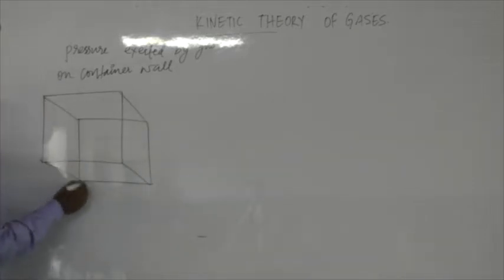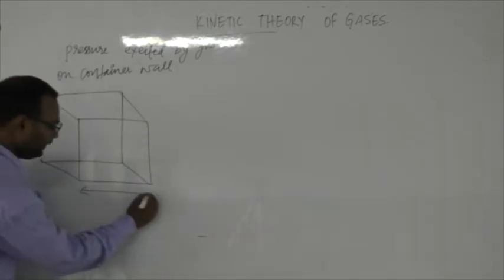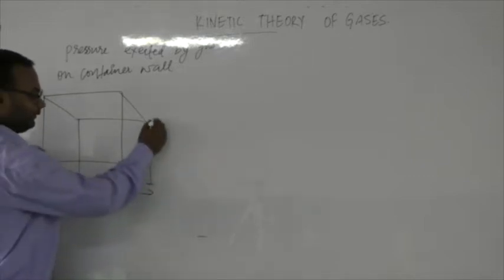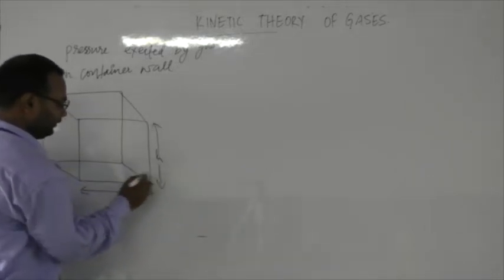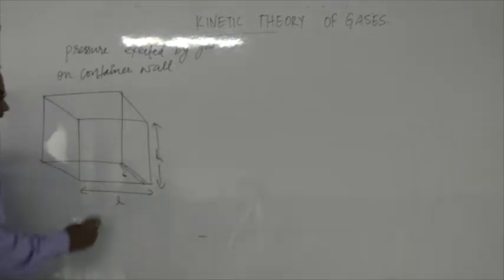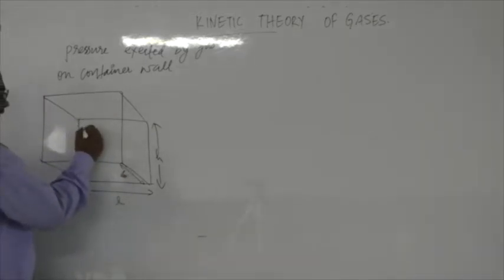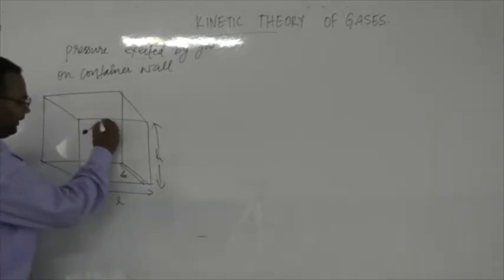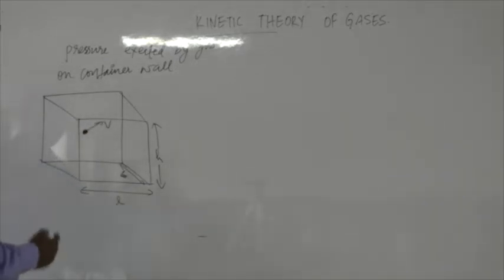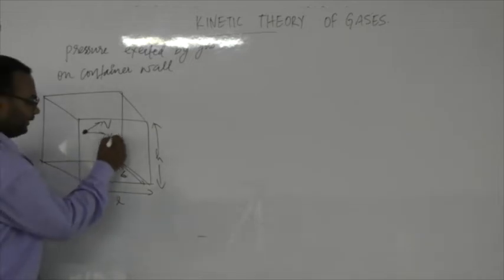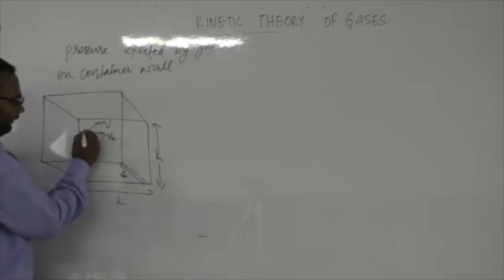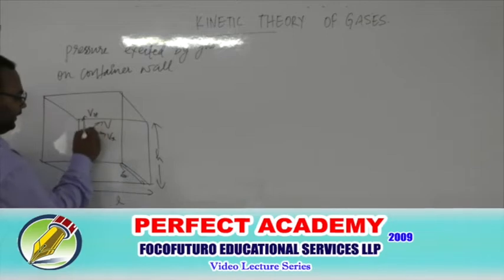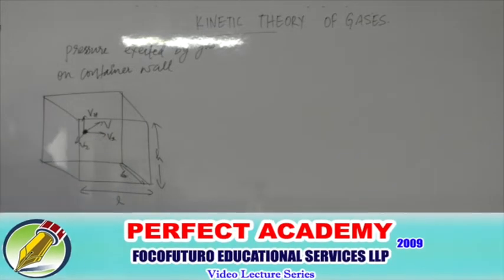If I say this length L, this height H, and this B, a particular molecule is there inside having random velocity, say V. Then this velocity can be written in component form like Vx, Vy, and Vz.